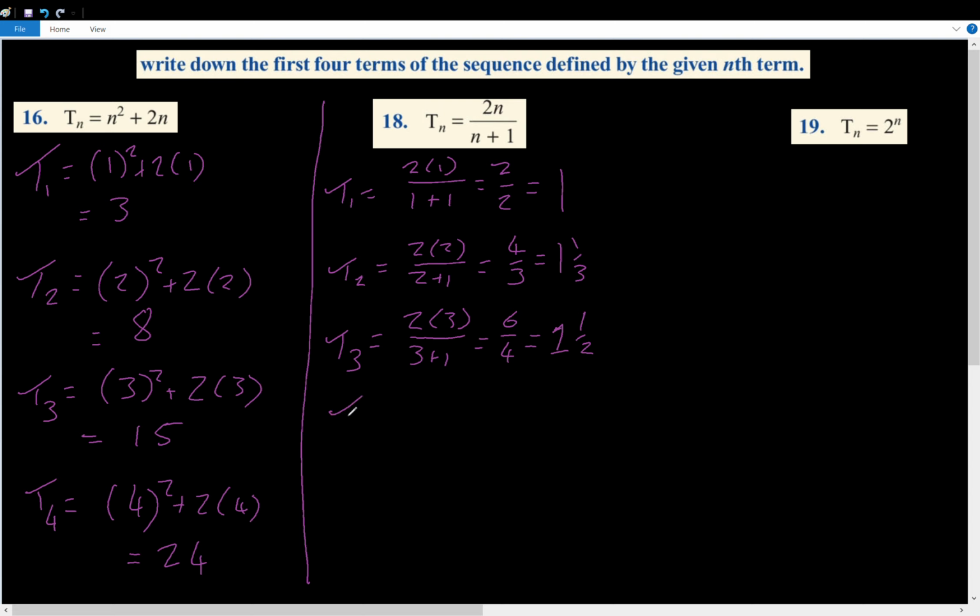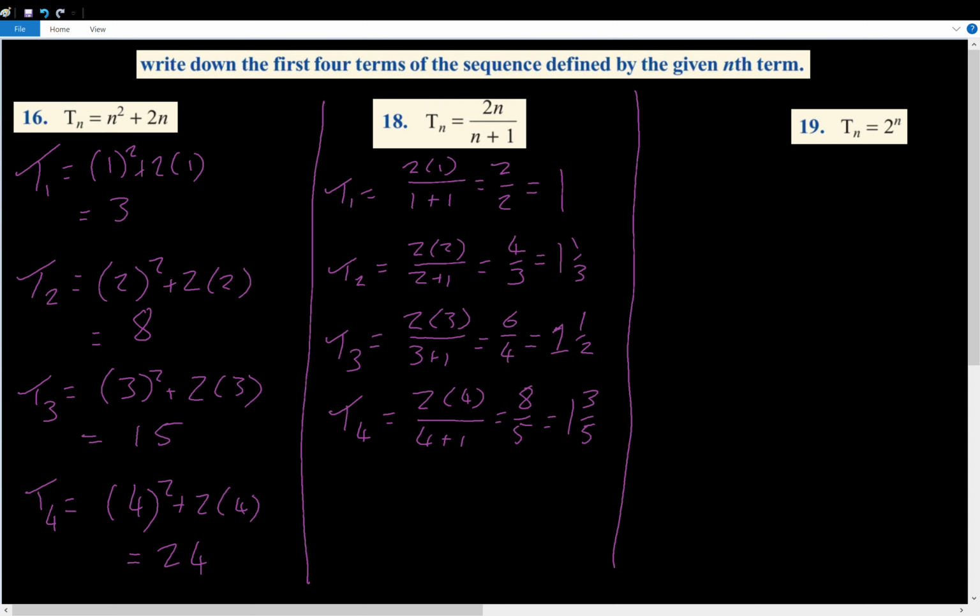And then for T4, it's going to be 2 times 4 all over 4 plus 1, which is going to be equal to 8 over 5, which is going to be 1 and 3/5. So as I said, same process, but a little bit less convenient to manage.